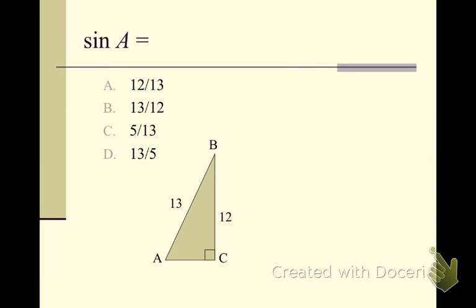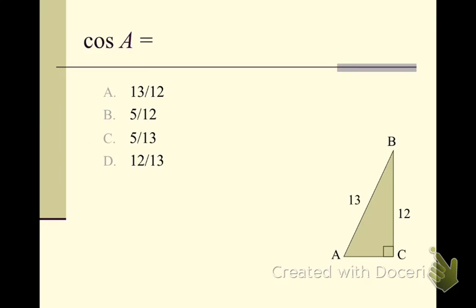How about a new triangle? We're looking for the sine of angle A. Sine is the opposite over the hypotenuse, 12/13. Answer choice A. How about the cosine of A in this triangle? In order to figure out the cosine of A, we need the adjacent side over the hypotenuse.